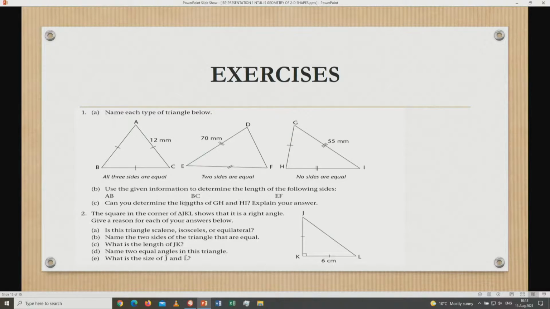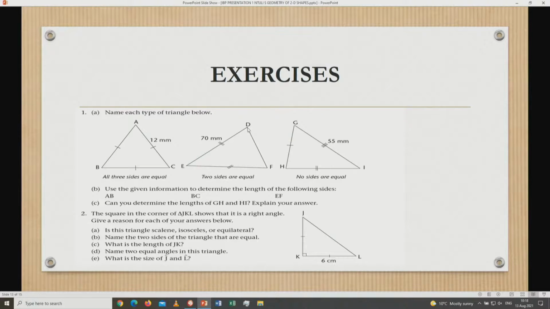Number B, use the given information to determine the length of the following sides. Now the sides are called like this. This AB is the side. BC is the side. AC is the side. ED is the side, or DE is the side. EF is the side, or FE is the side.